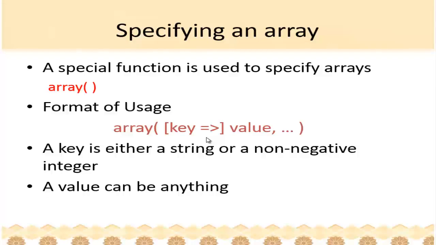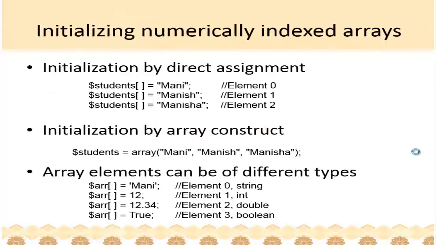So let's look at how to create an array. One of the simplest ways is to call the built-in function called array. Optionally, you can supply a key followed by a value, or you can just put the values each separated by a comma. The other way of creating an array, unlike other programming languages, is to create a variable and supply open and close square brackets without the indexes.